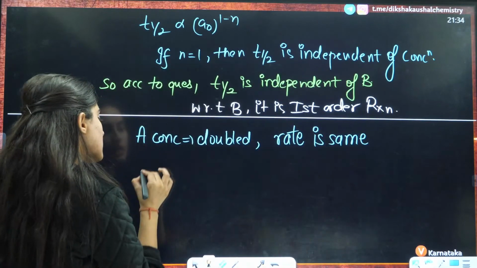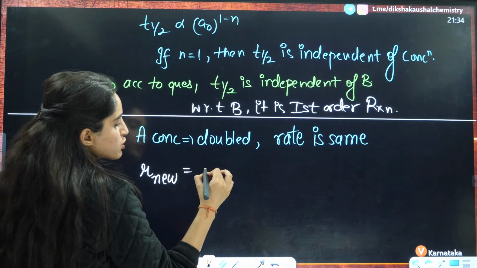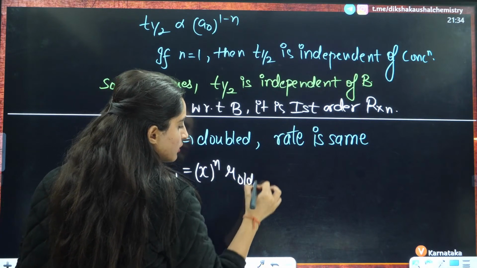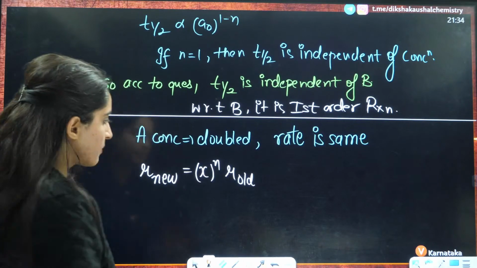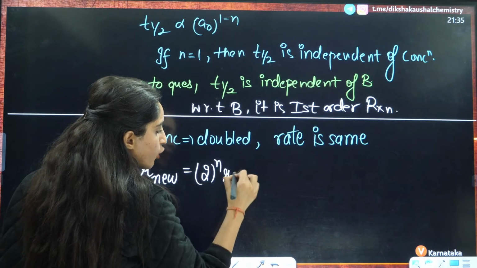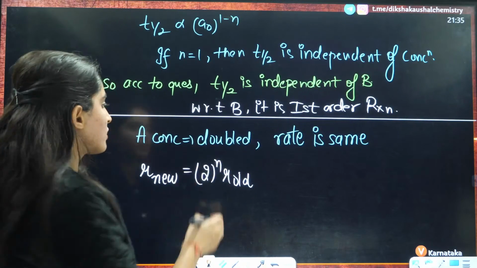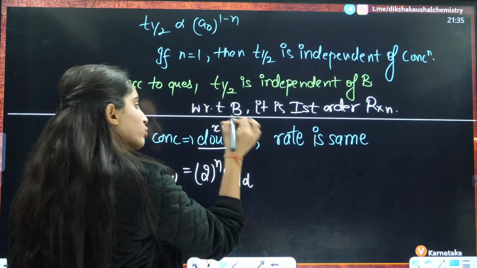That means the new rate is equal to x raised to power n times the old rate. How much is the concentration increased? It is doubled, 2 times. So instead of x, just apply 2 raised to power n times the old rate, because the concentration is doubled. So x is equal to 2.